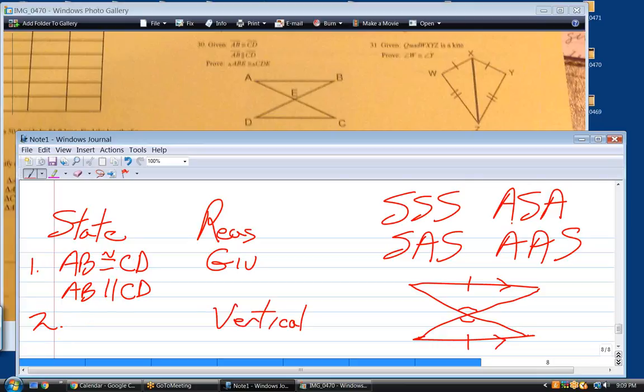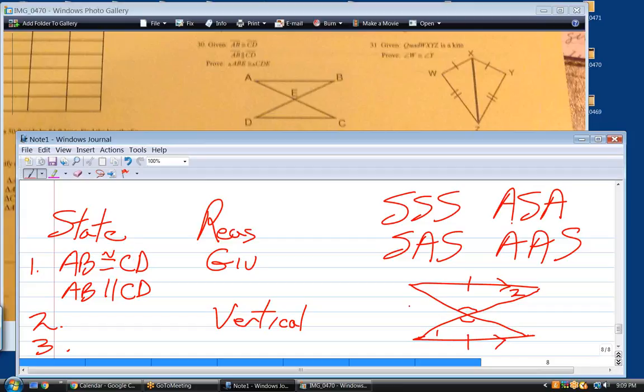Okay. What else can I say about angles? Remember, I have 2 parallel lines and I happen to have 2 transversals. So what does it say about these angles? In other words, angle 1 and angle 2. That they are congruent? Yeah, because the top and bottom lines are parallel.